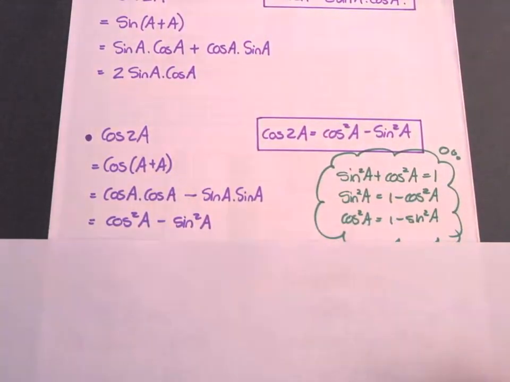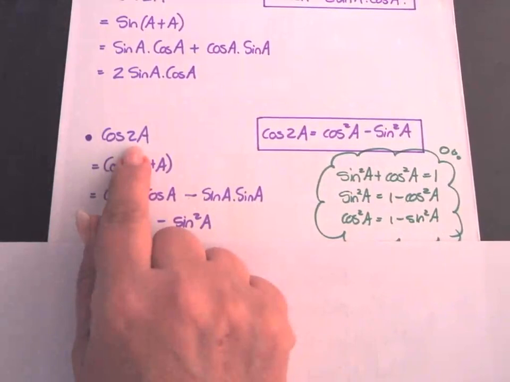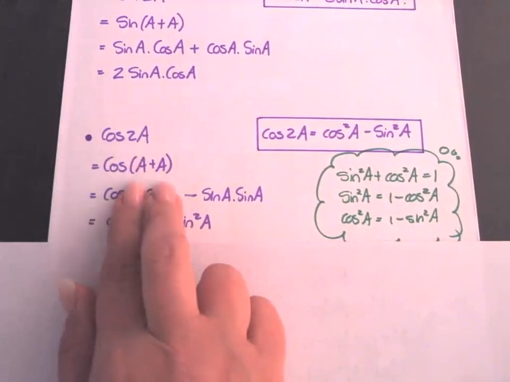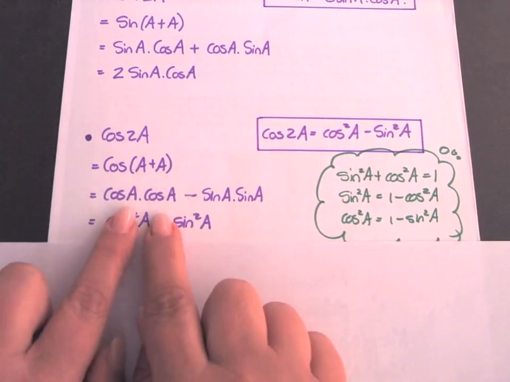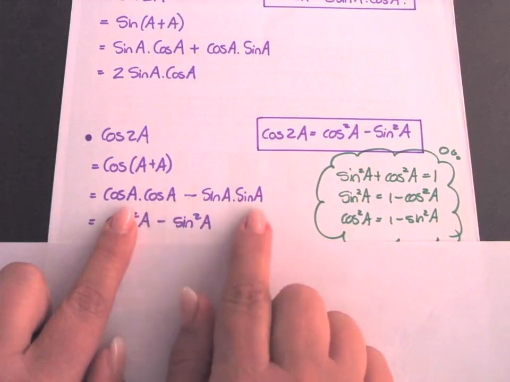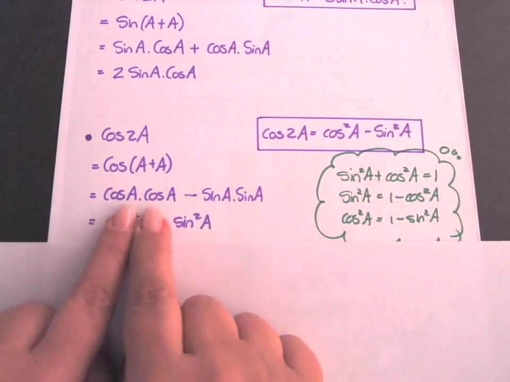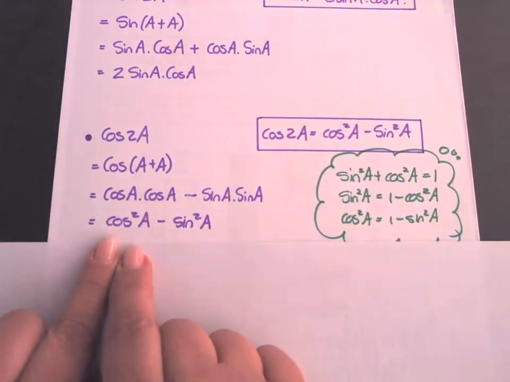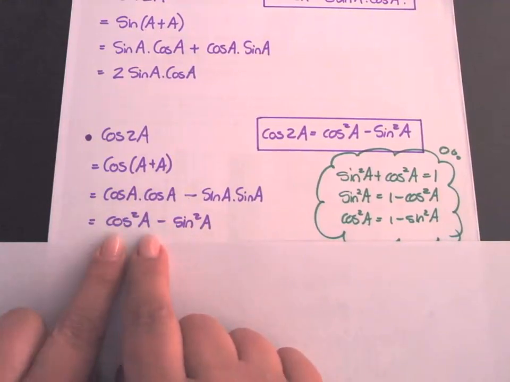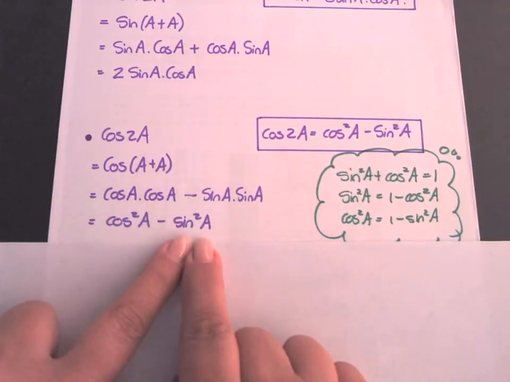Okay. So we take the 2a of cos, split it into a plus a, and then we apply the cos compound angle rule. Cos cos minus sine sine. Cos times cos is cos squared minus sine times sine is sine squared.